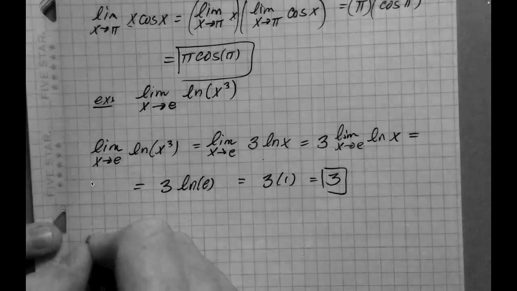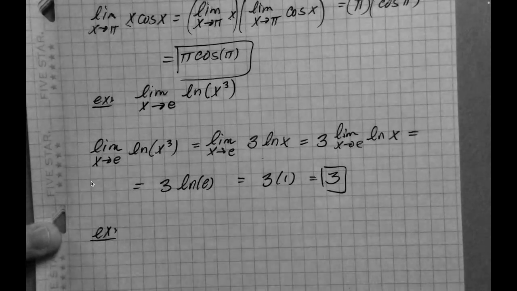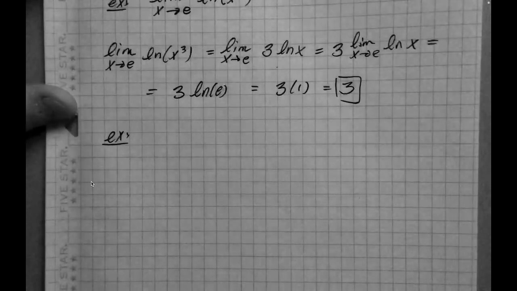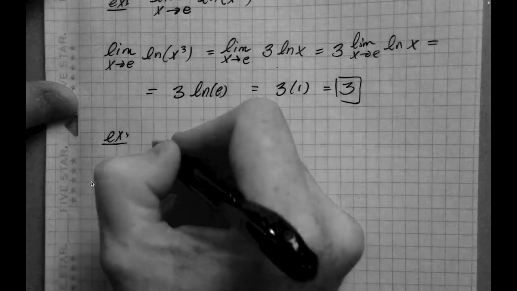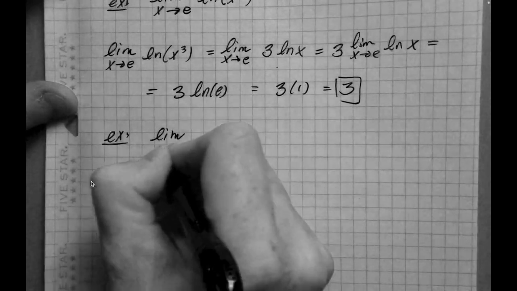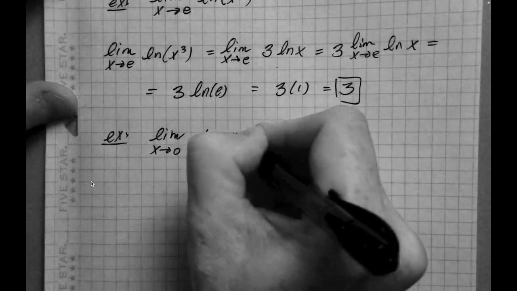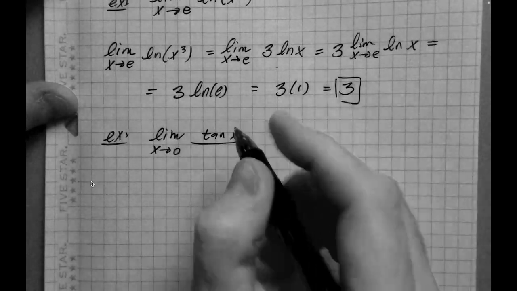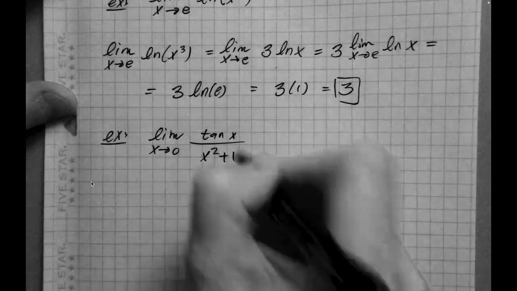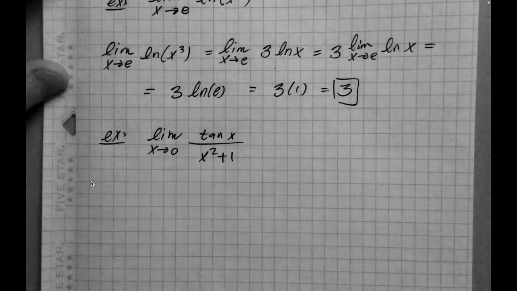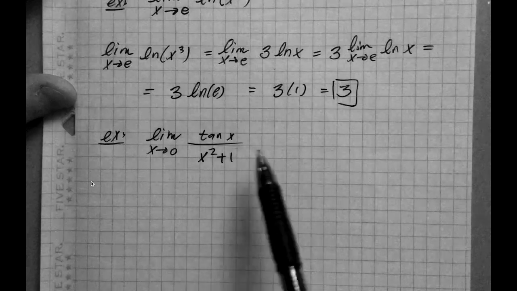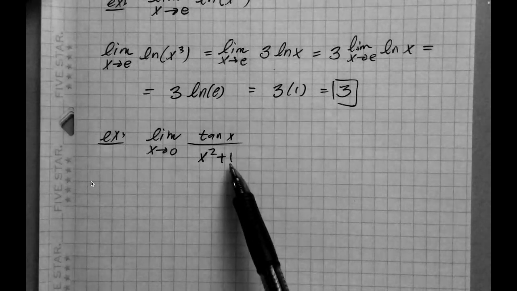Here's another example. This one's a bit more of a left field kind of example. What about the limit as x goes to 0 of the tangent of x divided by a polynomial, x squared plus 1? You could think of this as an f of x over a g of x, right?